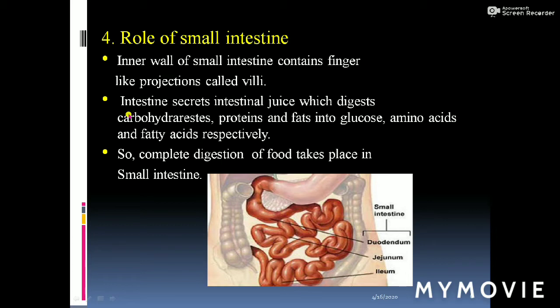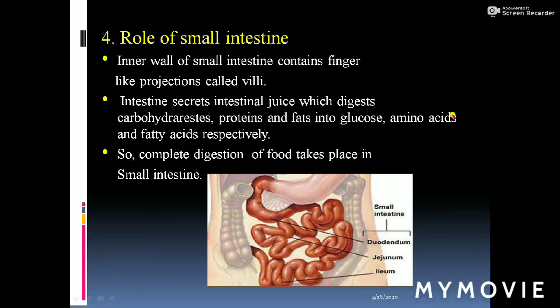You see here, children, I have written carbohydrate, the simplest form of carbohydrate, that is glucose. And now protein, the simplest form. Proteins are present in our food, carbohydrates are present in our food, fats are also. So digestion means the breakdown of food.